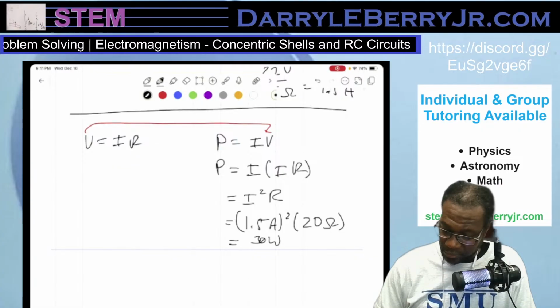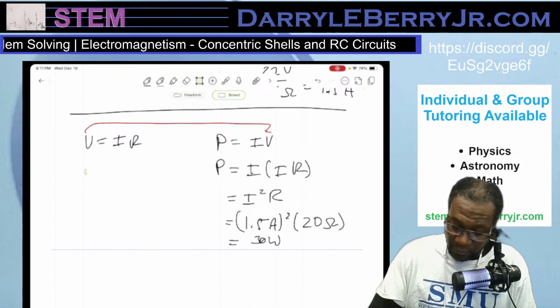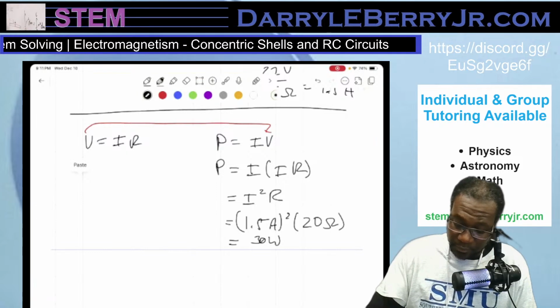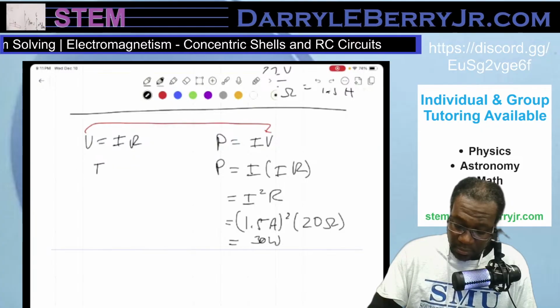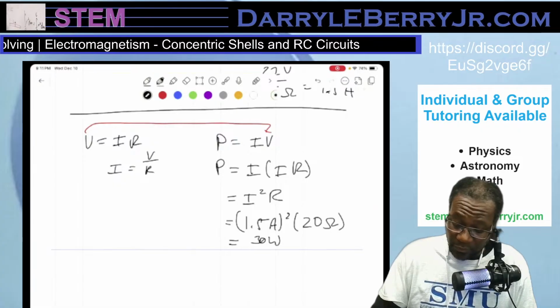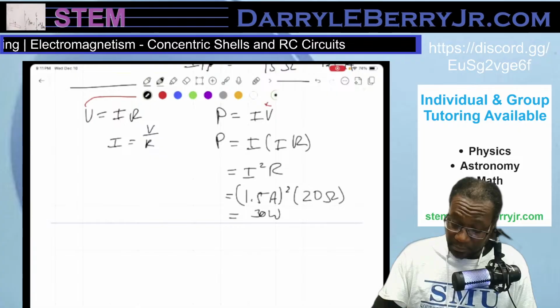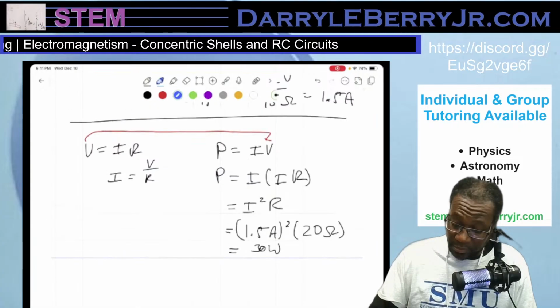And let's check it the other way. I can solve V equals IR for I, so I equals V over R. We plug that in here.